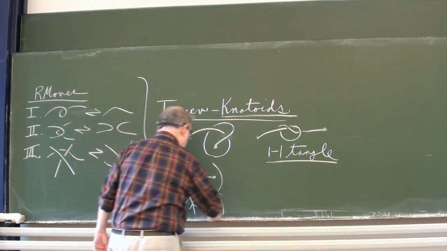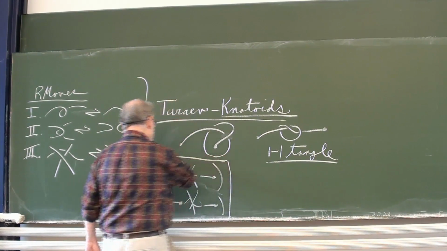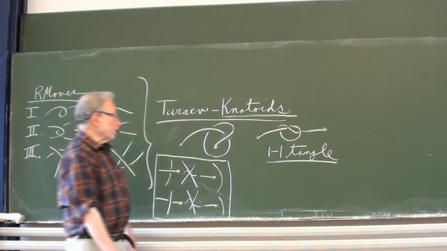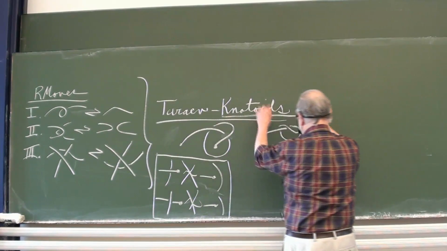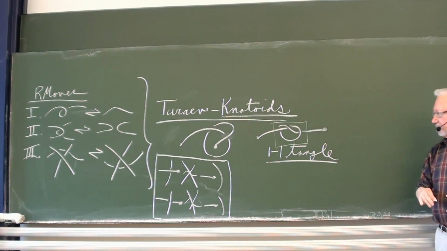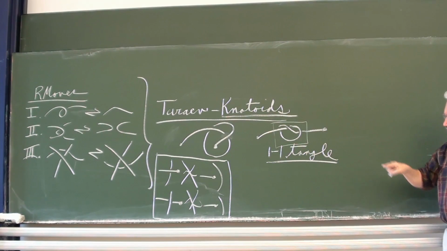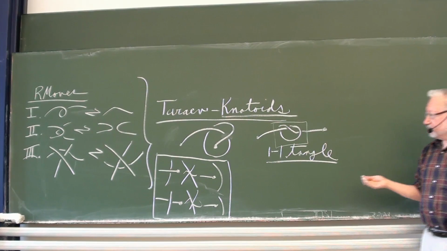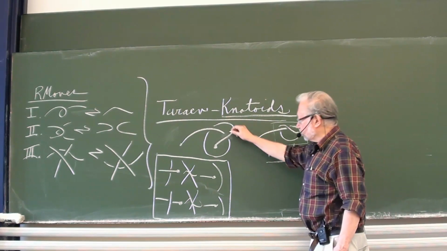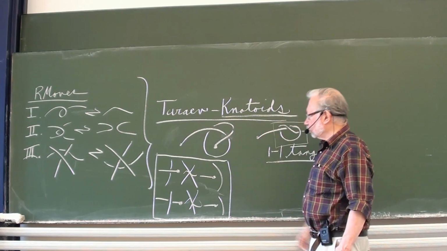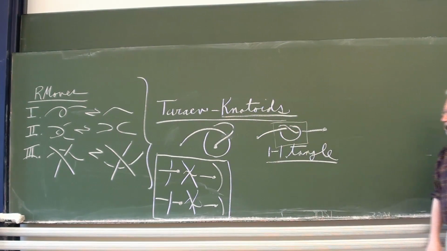That's the way you would behave with a 1-1 tangle, right? When you're talking about tangles, you say it's in a box and I'm only allowed to do the moves in the box. But here you don't have a good way to designate a box, but it's easy using knot diagrams to say, I will just allow Reidemeister moves, but I will not allow motion across the ends, and then this thing will stick around and you can try to classify them.